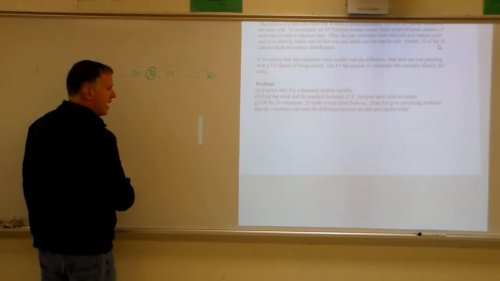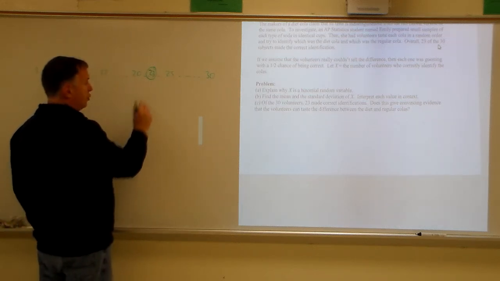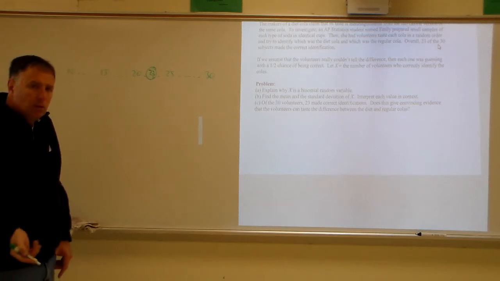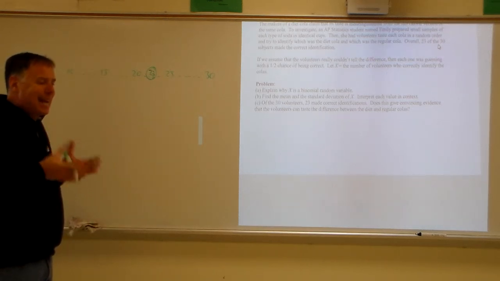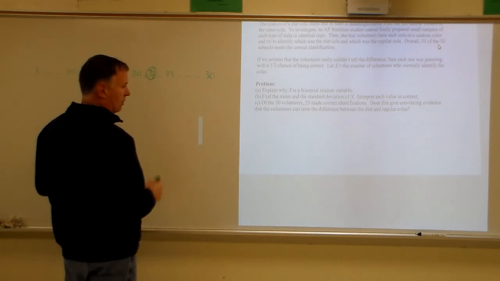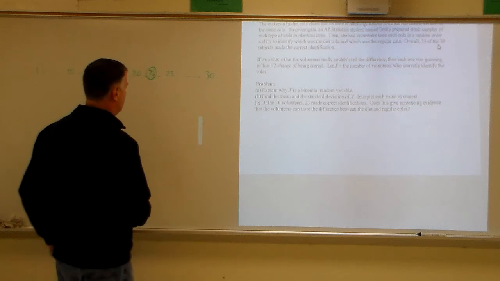Is that convincing evidence? Well, the way they look at it is if 23 or more people correctly guess the right cola, is that convincing evidence that you can taste the difference?